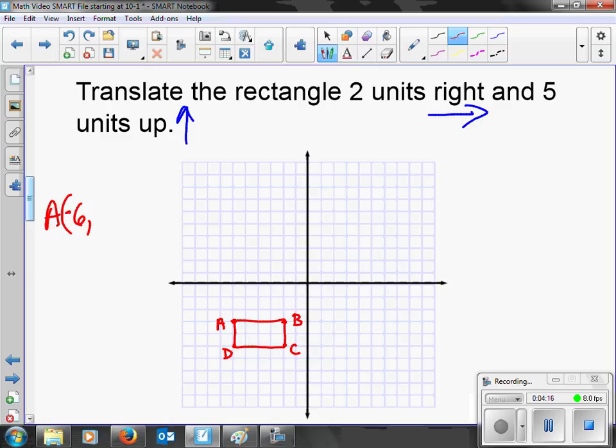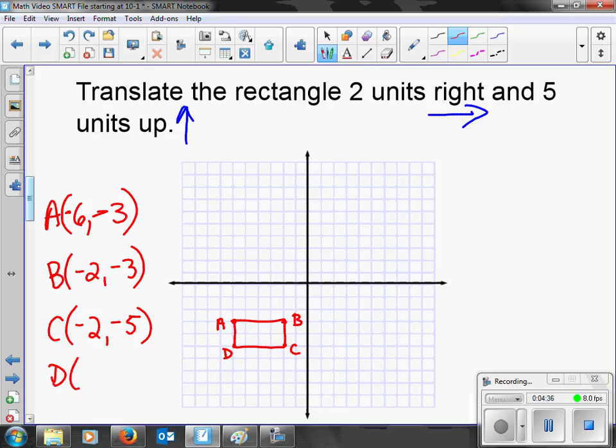And then it's down 3 units. B is over 2, so -2, down -3. And then C is over 2, -2, down -5. And then D is over 6, -6, down -5.